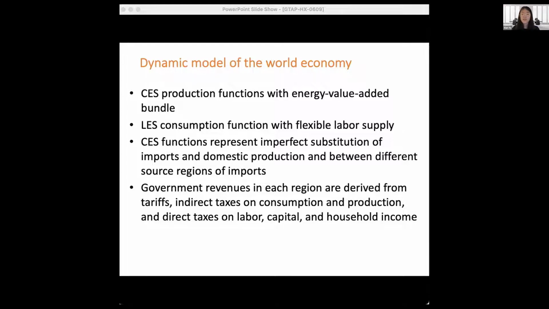And the CES function represents imperfect substitution of imports and domestic production, and also between different source regions of imports. And the government revenues in each region are derived from tariffs, indirect taxes on consumption and production, and direct taxes on labor income.